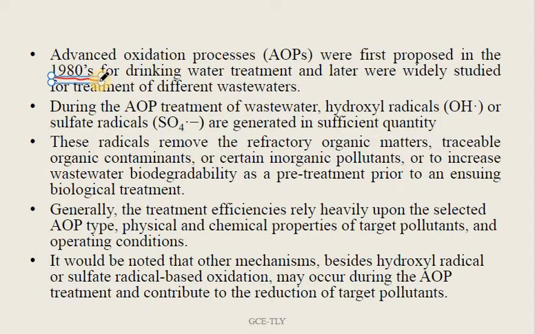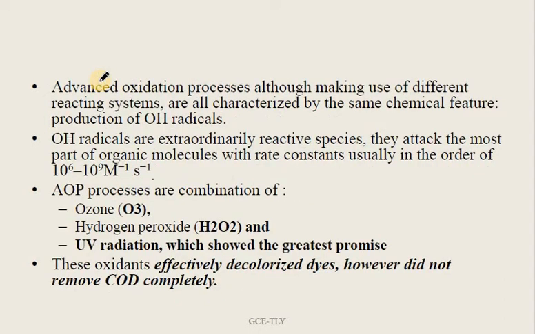It should be noted that other mechanisms besides hydroxyl radical or sulfate radical generation may occur during AOP oxidation and contribute to the reduction of the target pollutants. But the major radicals produced are hydroxyl and sulfate radicals.